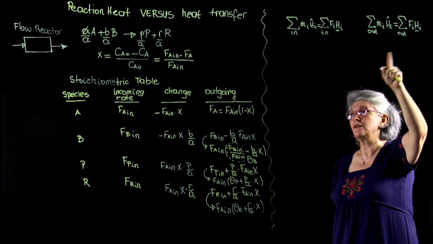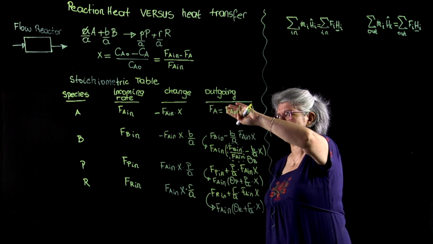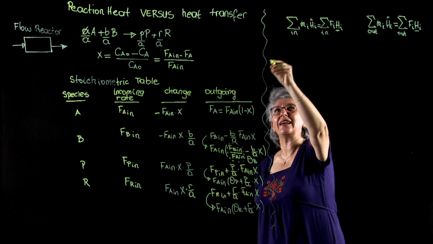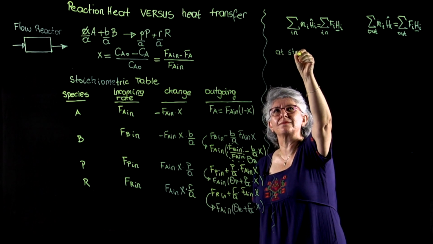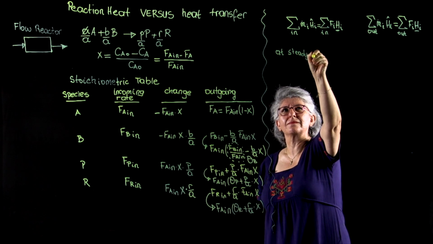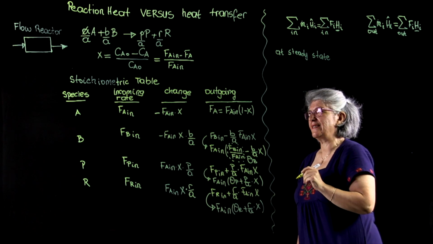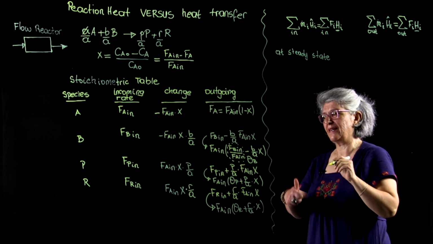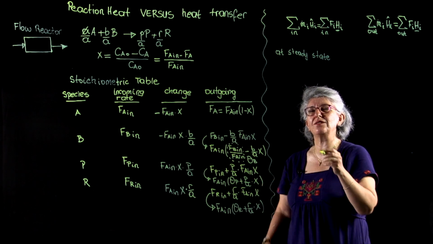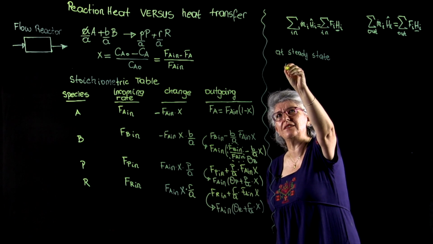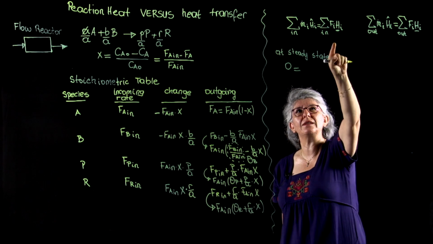Okay? So my flow reactor is a black box. It is operating at steady state. As a result, my time-dependent term in the energy balance doesn't have to enter into consideration. 0 is equal to, let us see what we can write for the incoming stream.